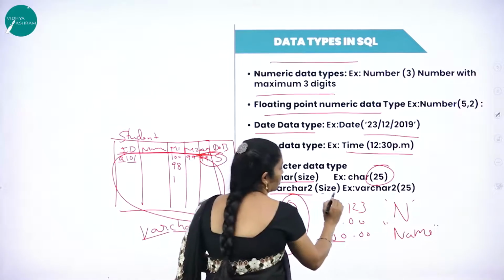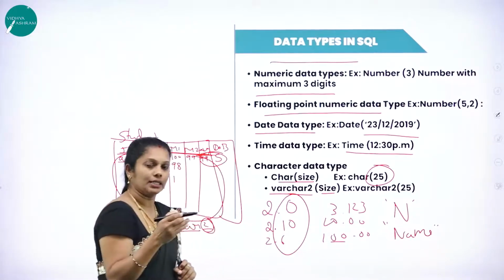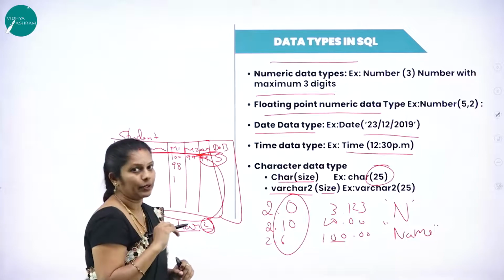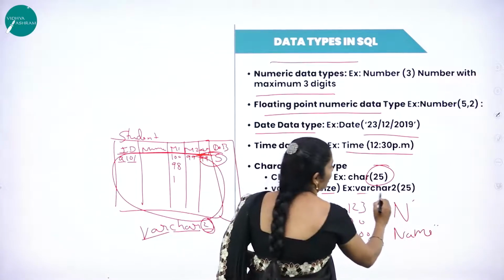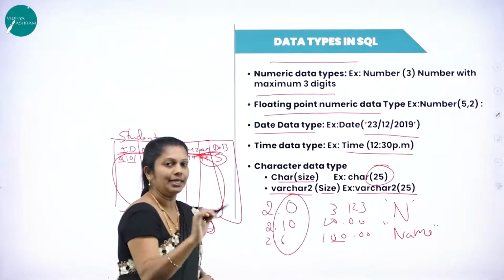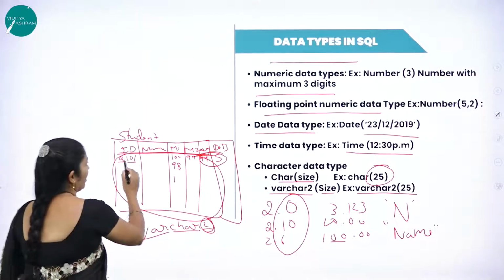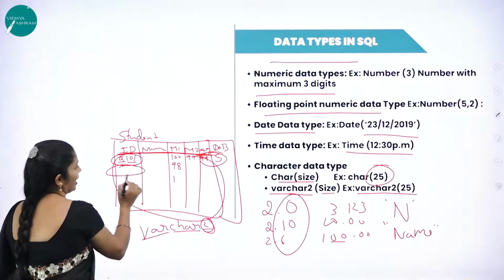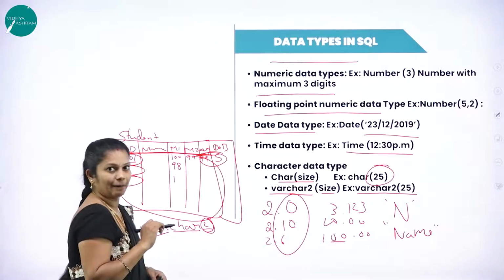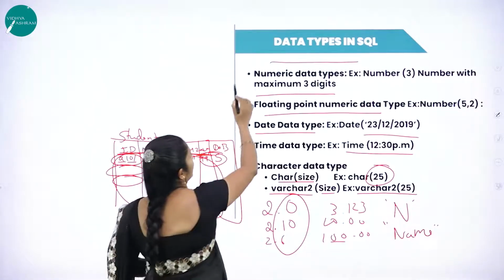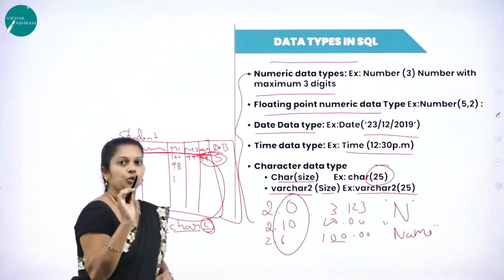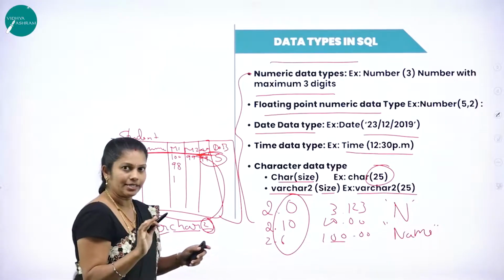Then inside the bracket you have to mention the size: how many characters, how many numbers maximum you can enter. Whereas here, if I write varchar2(25), a maximum of 25 characters can be inserted here. Now is it clear? These are a few data types used in SQL. Now is it clear for all of you?